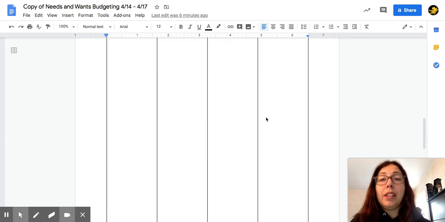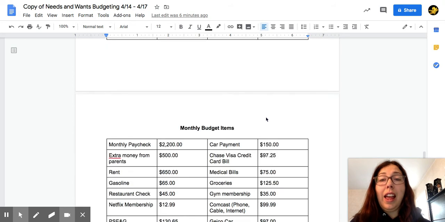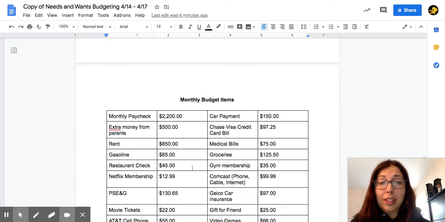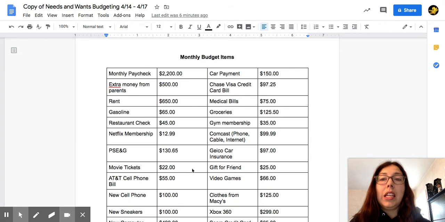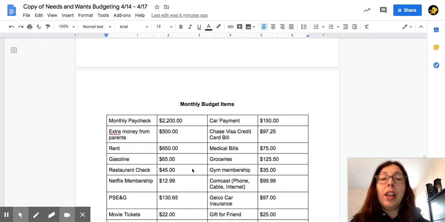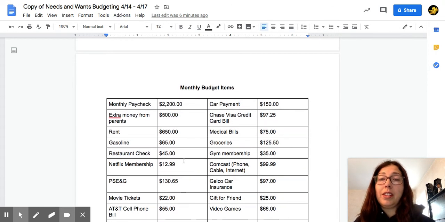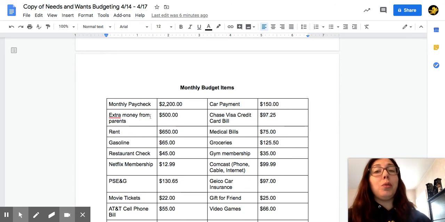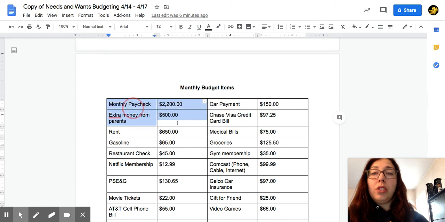What you need to understand is that everything on this list is an expense. The only things that are not expenses, and this will be important when we get to the budgeting part, are these two.